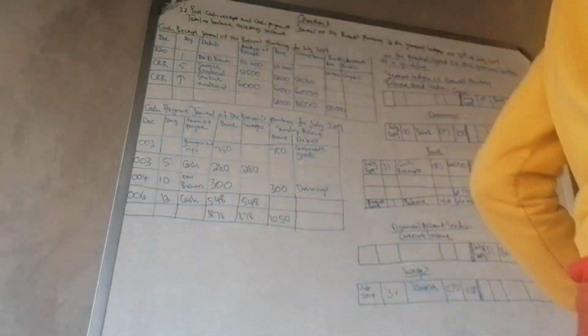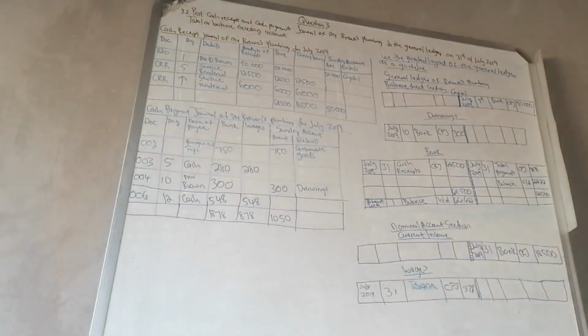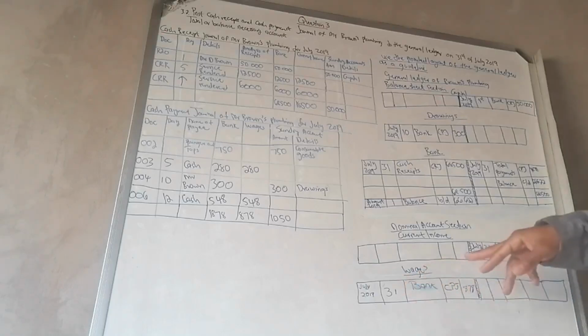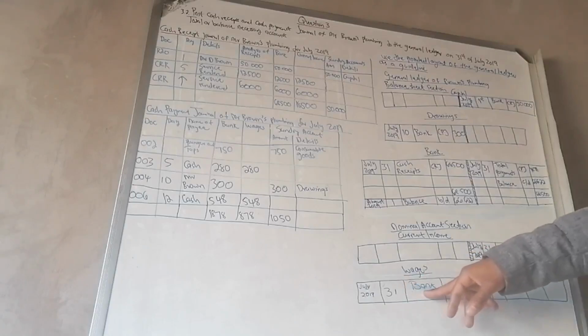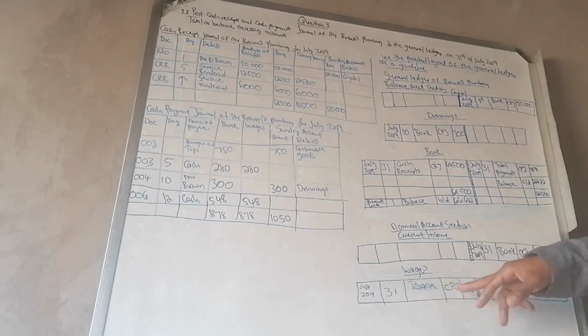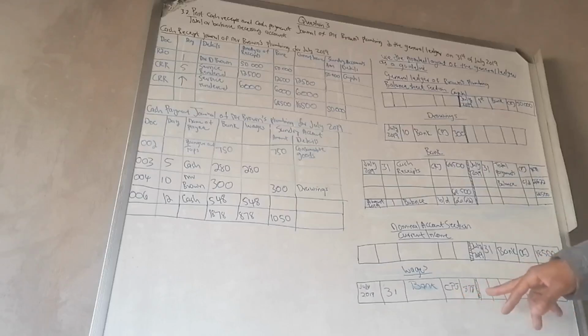Having a look about profit. Look at it again. July 2019, the 31st. This was deposited into an account. It was recorded on a CPJ. The amount was 878.